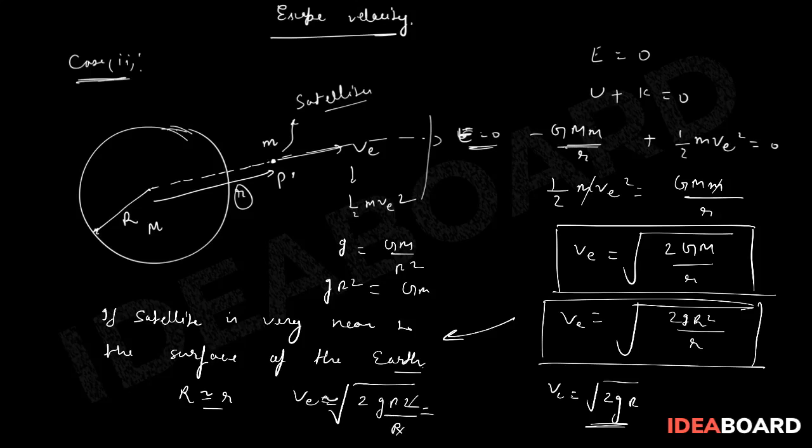So again the escape velocity will be almost under root of 2gR. So the result of case 1 will be repeated. So you need to understand case number 2 and the difference from case number 1, though this is just a variation of the answer. Okay.